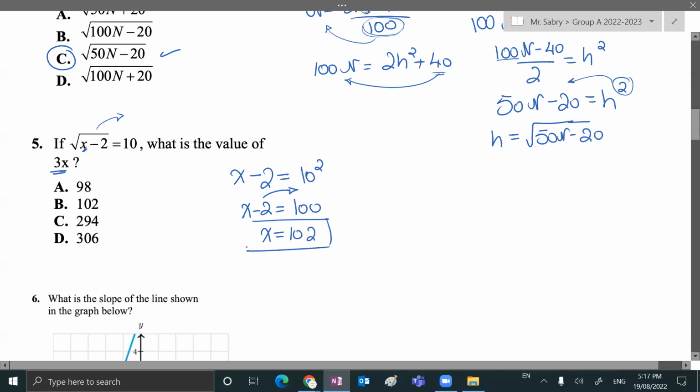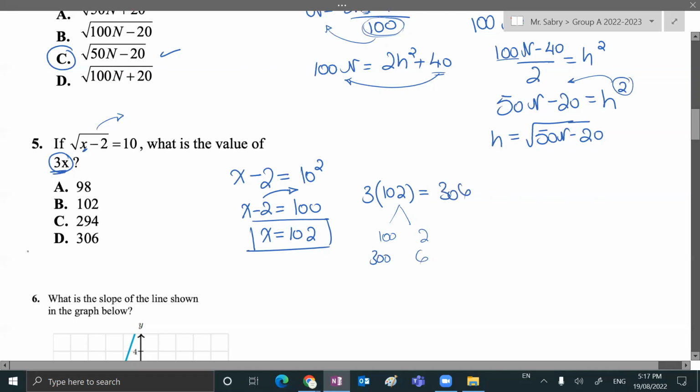كده انا جبت الاكس. ارجع بقى اشوف what do they want. They want 3x. Okay, so 3 multiplied by 102 which will be, ازاي احسبها بسرعه؟ انا شخصيا بفكر فيهم كده، بقسمها، بدل ما هي 102 خليها كانها 100 و 2 separately. 3 times 100 تبقى 300 و3 times 2 تبقى 6. 306.